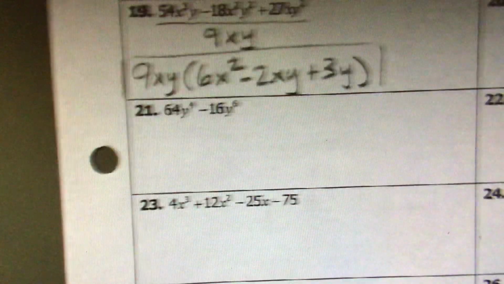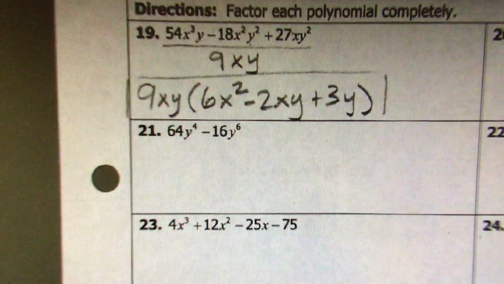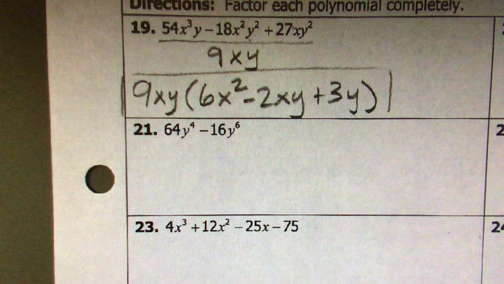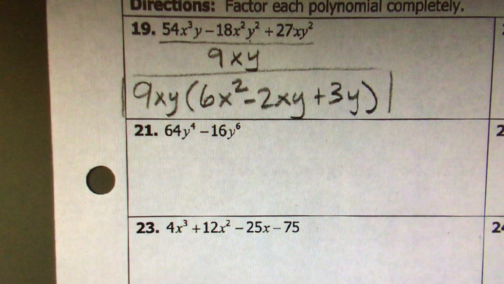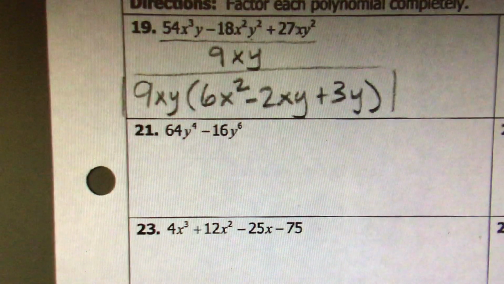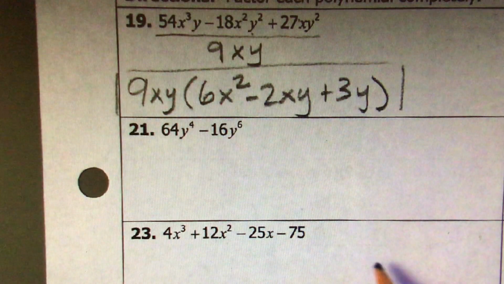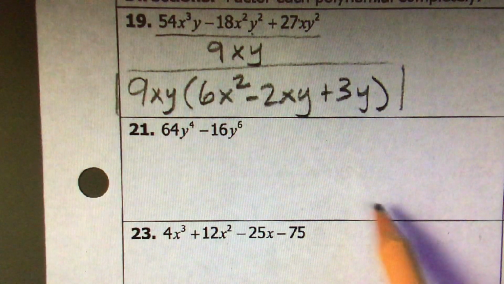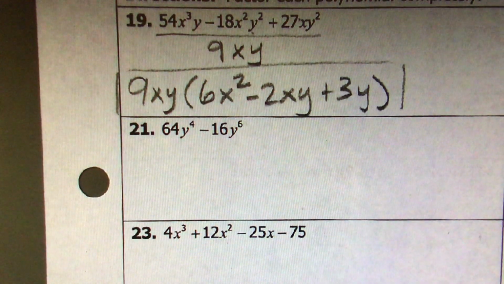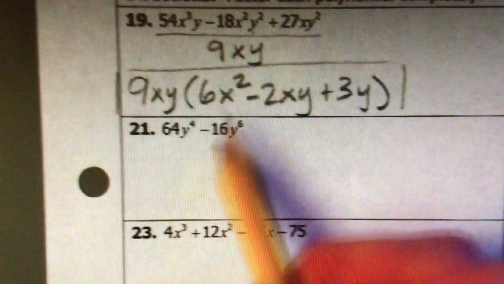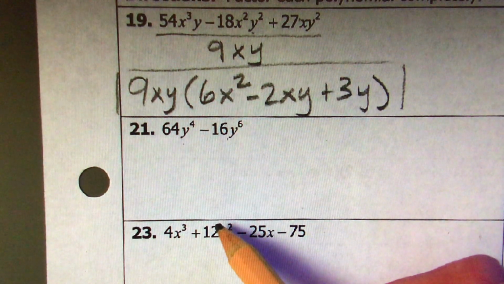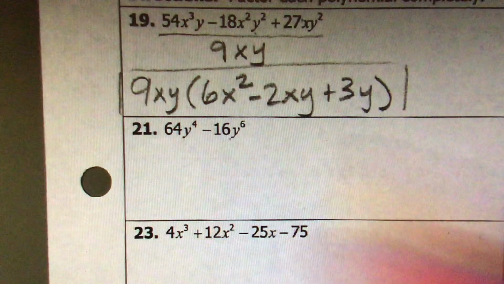Now, 21. Is this a difference of squares? Well, maybe, but let's do the greatest common factor first. You know what's funny is that 16 actually goes into 64. So let's try that.